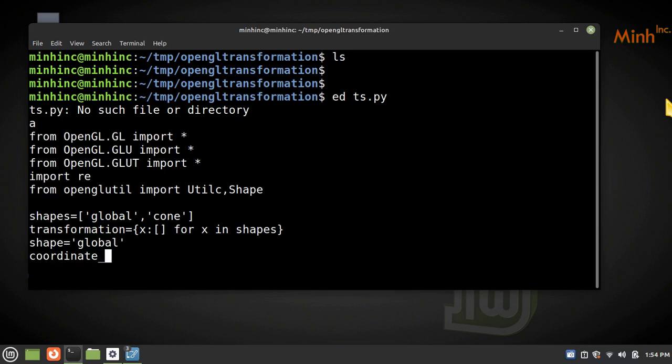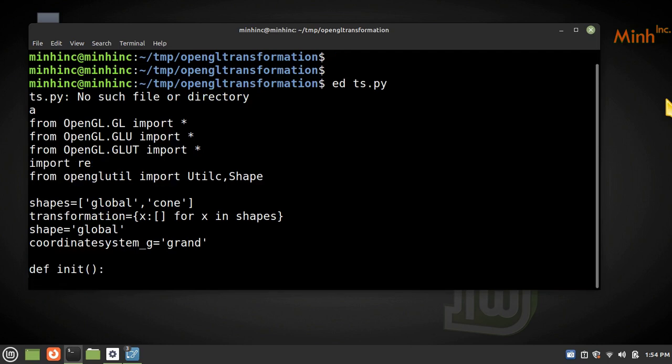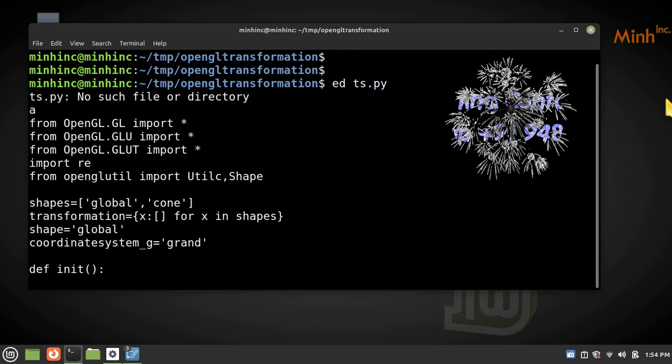Coordinate system is the global coordinate system, that is the default. We have to change it to whatever we want. Now we'll have init the way we generally have in OpenGL.